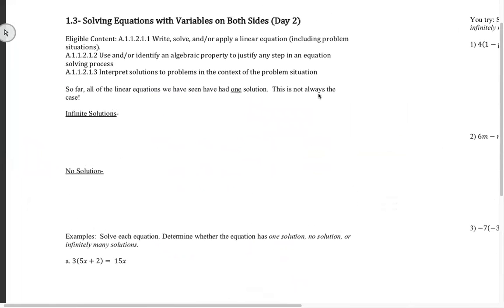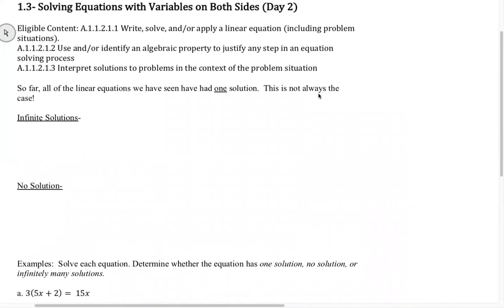All right, so yesterday I was talking about the other two solutions. So far, we've only seen ones that have one solution, like x equals a number, A equals a number, H equals a number.